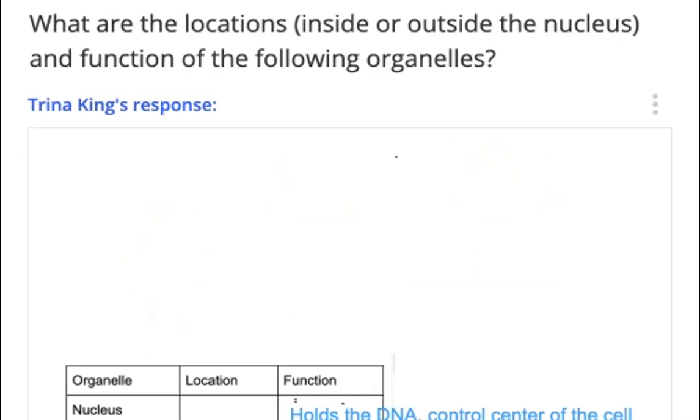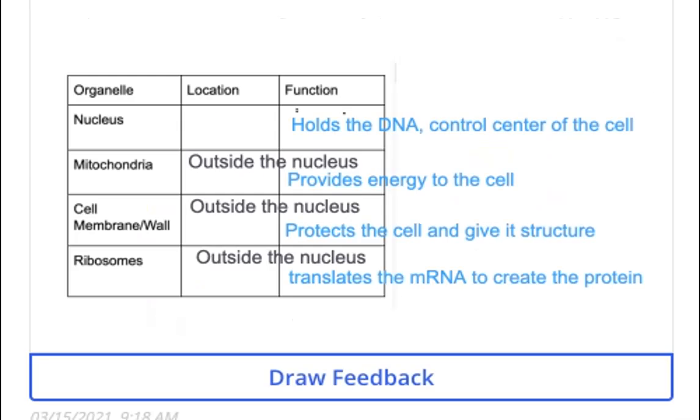Okay, number 17. Number 17, it couldn't really fit in that box, could it? So I used different colors. Okay. Now the nucleus obviously is not inside or outside the nucleus. So you could have said, some of you said in the cell. That's good. Okay. Now what's the function? Well, it holds the DNA.